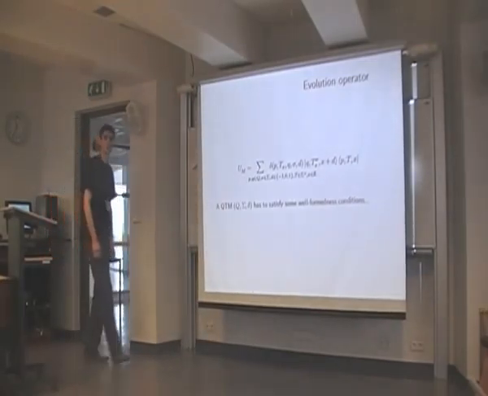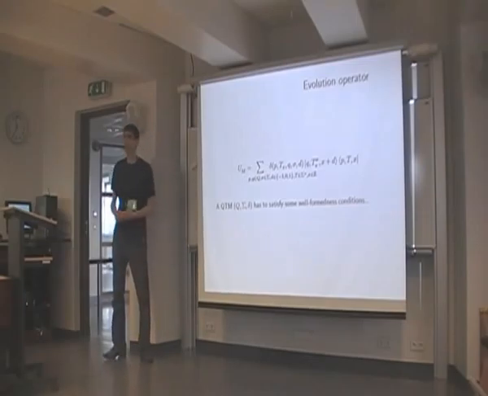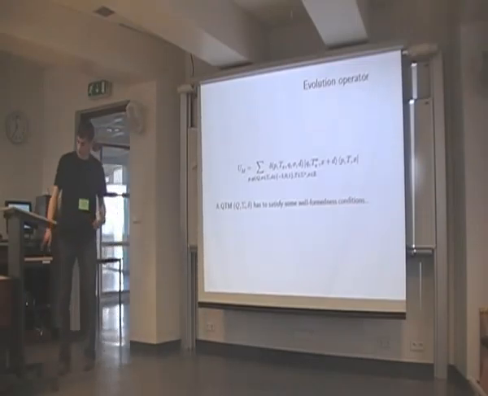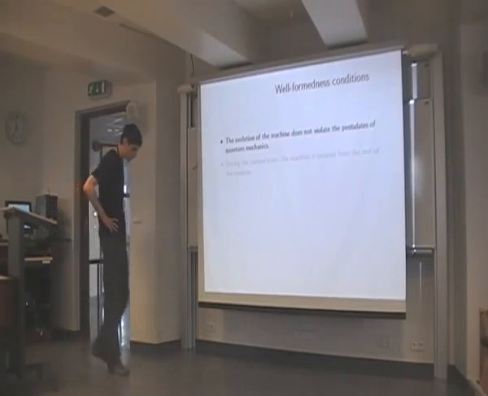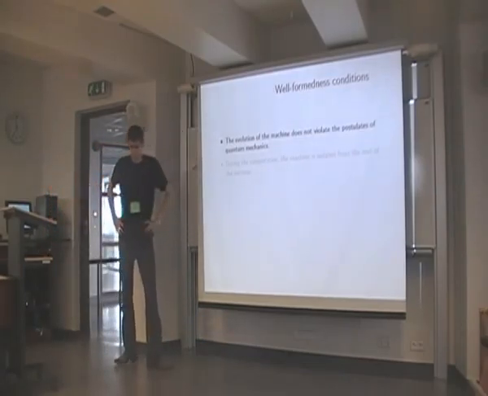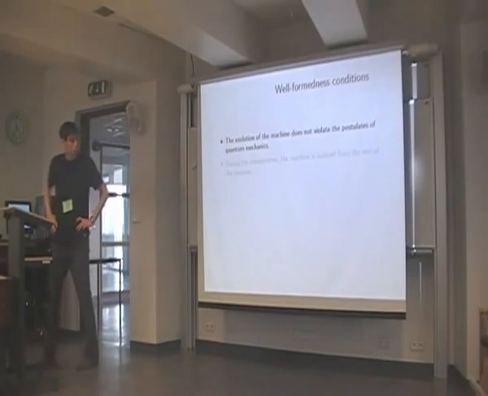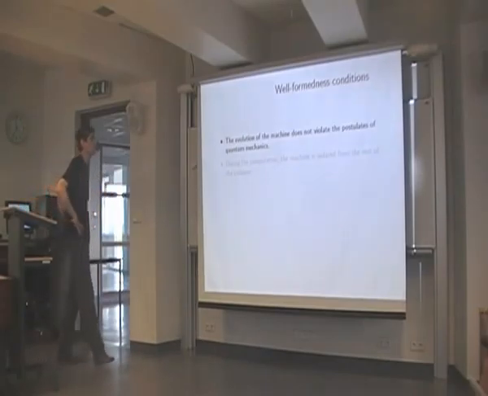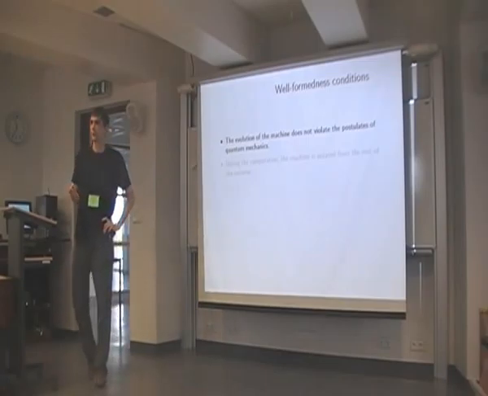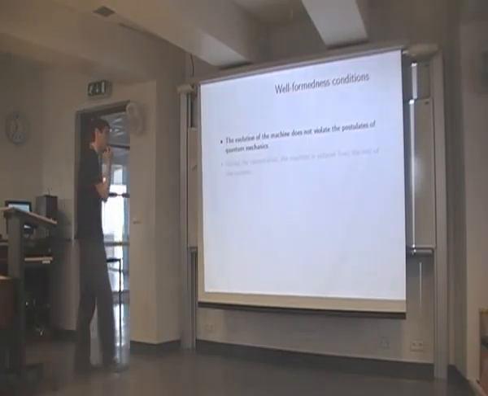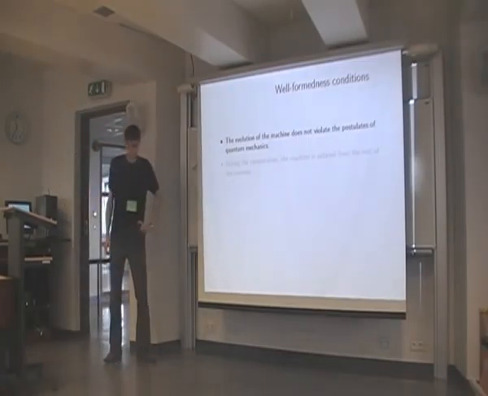And it turns out that a quantum Turing machine has to satisfy some well-formedness condition. According to Deutsch, these well-formedness conditions are used for two reasons. First of all, we want that the evolution of the machine does not violate the postulates of quantum mechanics. So it's just a natural condition.